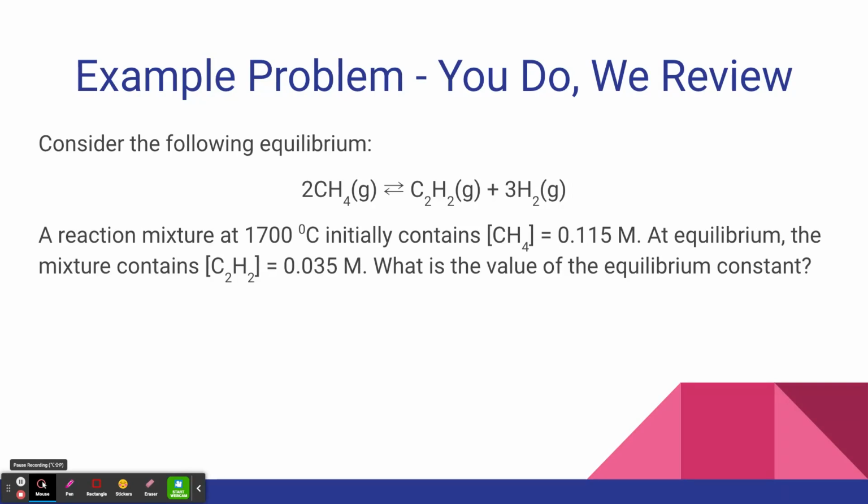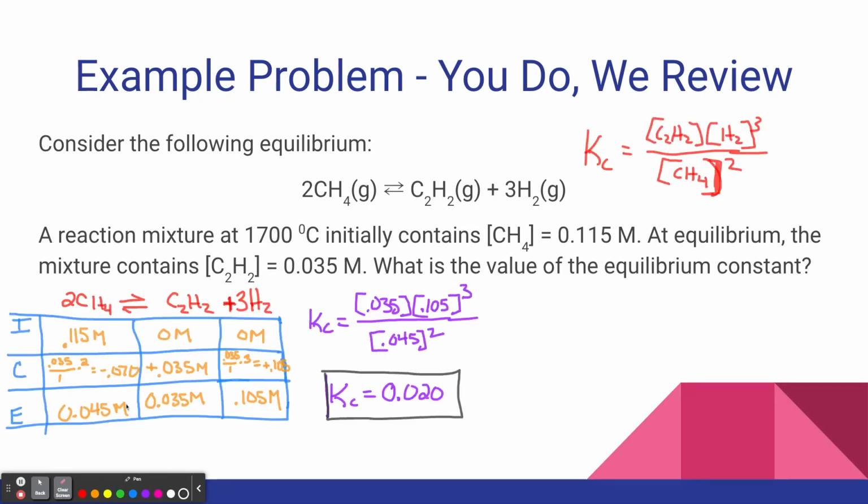At equilibrium, the mixture contains a concentration of ethyne, C2H2, of 0.0035 molar. And then it wants us to calculate the value of the equilibrium constant. So, go ahead, guys, pause the video, try to solve this problem on your own, and then unpause it to see if you did it correctly.